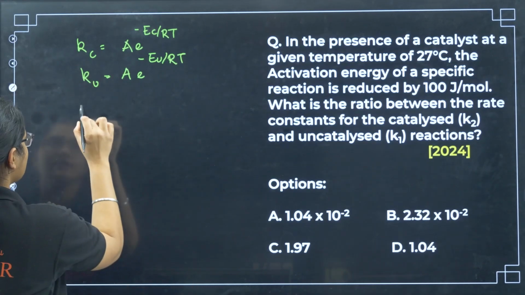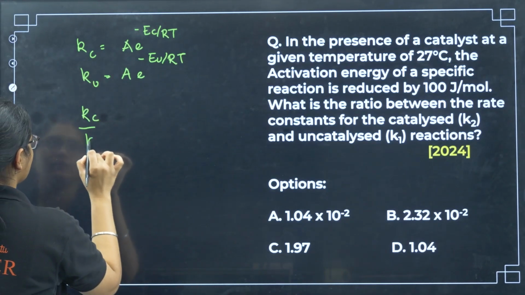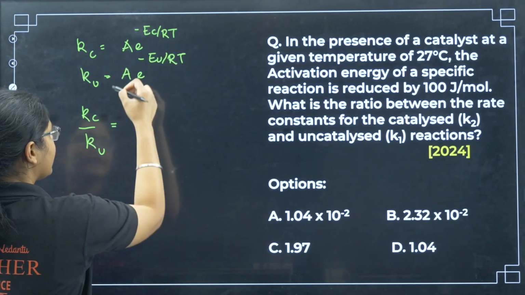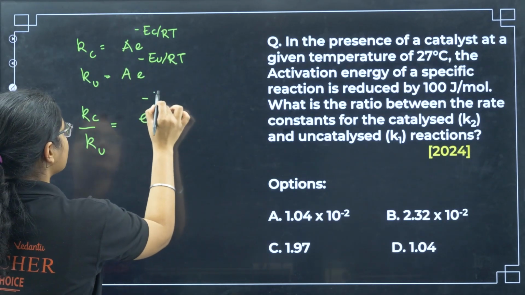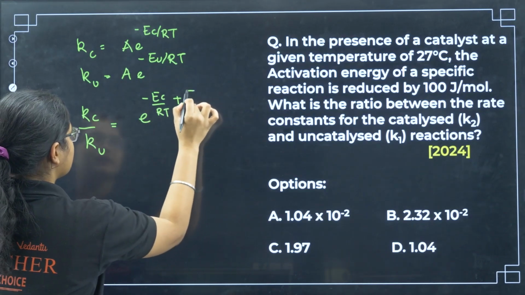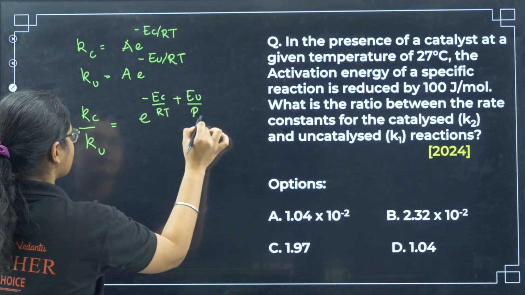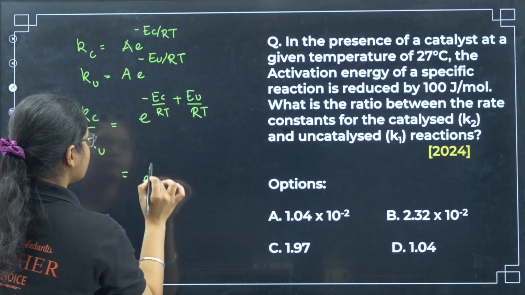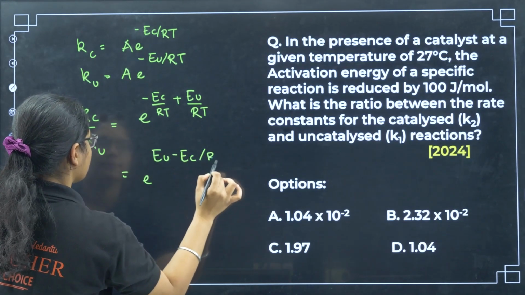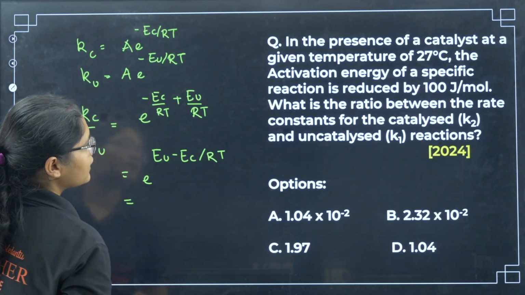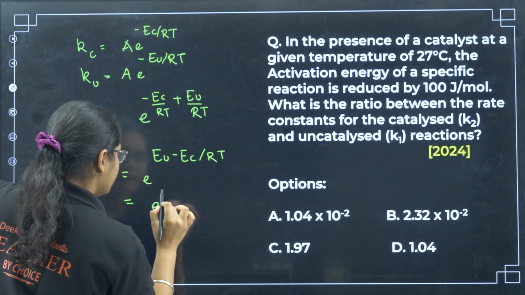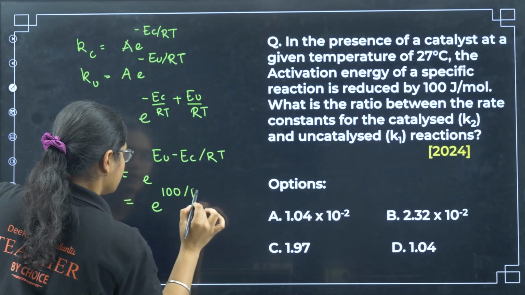So that is Kc by Ku, and that will be equal to, A will get cancelled, e to the power of minus Ec by RT plus Eu by RT, and that will be equal to e to the power of (Eu minus Ec) by RT. And this difference in the activation energy is 100 by RT.